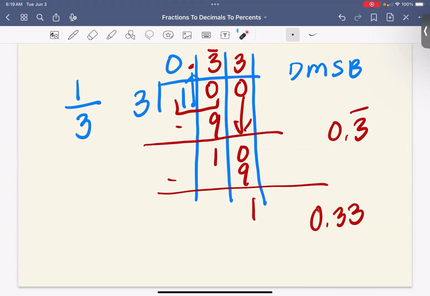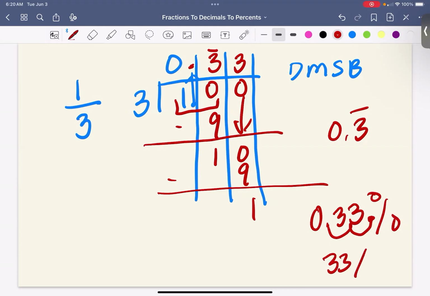So I'm going to move the decimal 2 places to the left. 1, 2. So our answer is 33%. And if I had gone to the thousandth place, it would have been 33.3%. So how specific you want your answer to be will determine how much you're going to continue dividing.